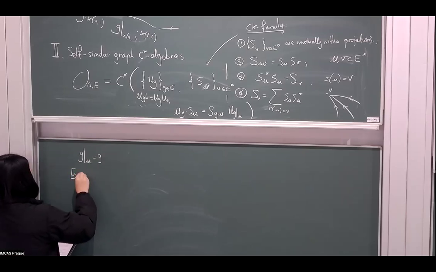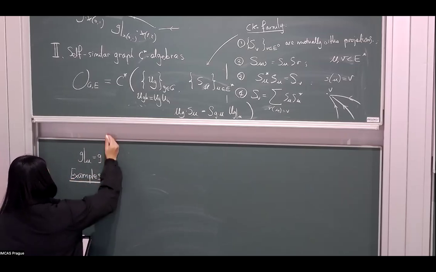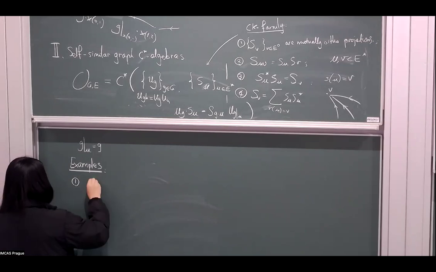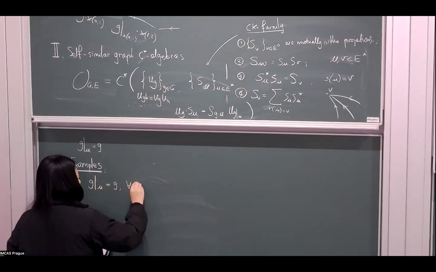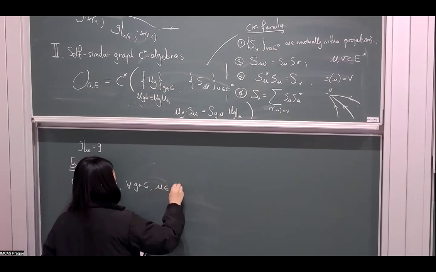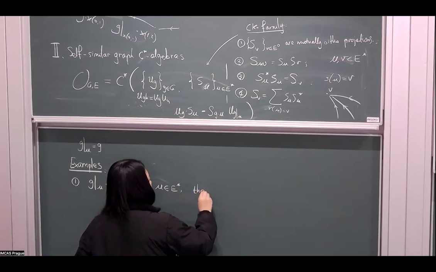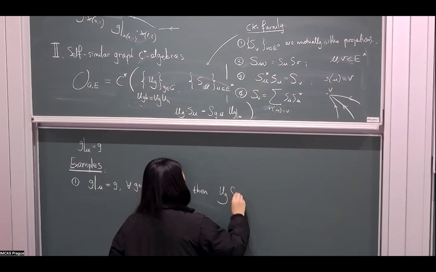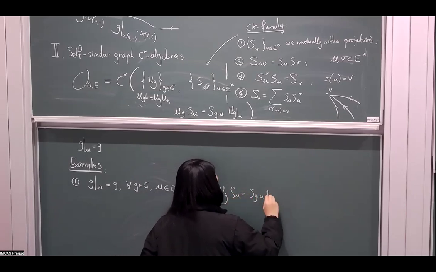So examples. Well, first of all, as you have suggested, if g restricted to mu is equal to g, for any g in G and mu in the finite paths, then the relation that we have above becomes U_g S_mu equal to S_{g.mu} U_g.